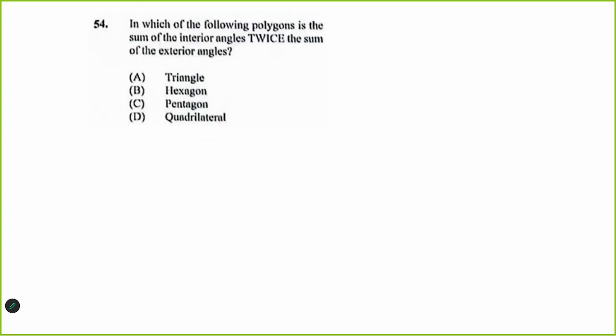Right, next one, 54. In which of the following polygons is the sum of the interior angles twice the sum of the exterior angles? Now we know that the sum of exterior angles, this is just a rule, is always 360.